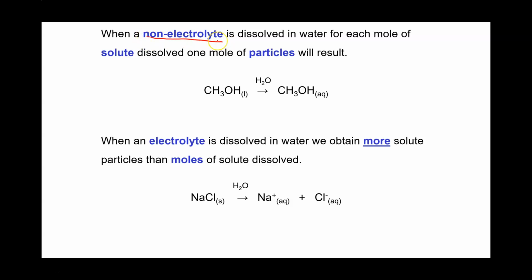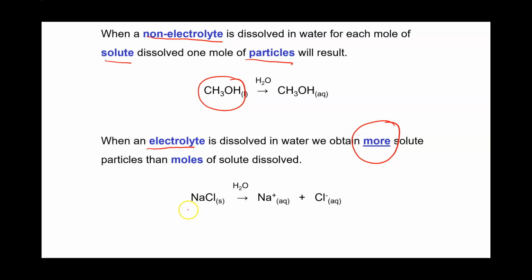So I'm not going to give an example calculation because it's exactly the same as boiling point elevation. When a non-electrolyte is dissolved in water, we'll get 1 mole of solute for every 1 mole of particles. So if I take something like methanol dissolved in water, for every mole of methanol that I add to my water, I'm going to get 1 mole of aqueous methanol. However, when I dissolve an electrolyte in water, for every formula unit that I add, I might get more than 1 solute particle.